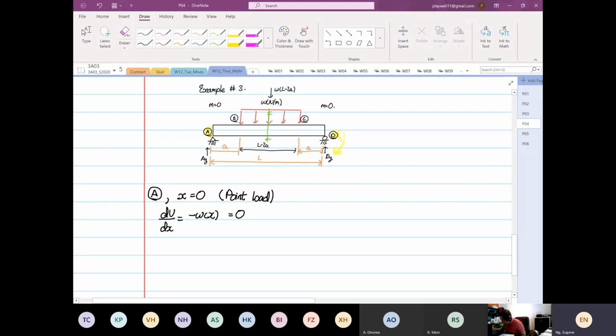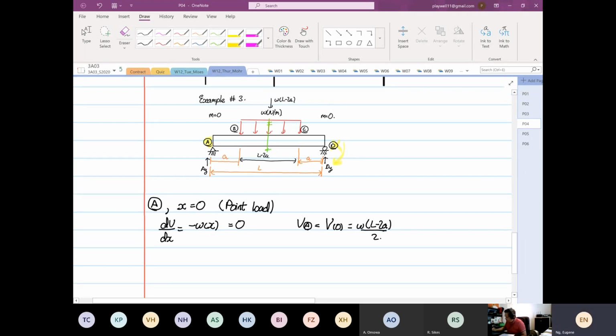So we have V at point A, which is also equal to the shear force at distance X equal to 0. So this one I will say V at distance 0, and this will be equal to omega (L minus 2A) divided by 2.